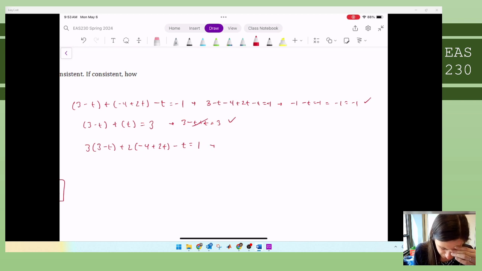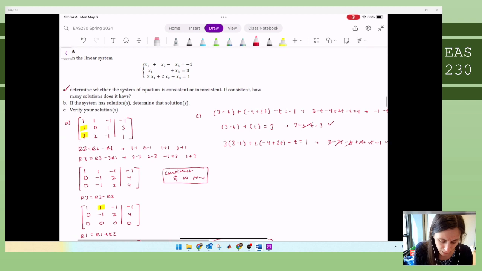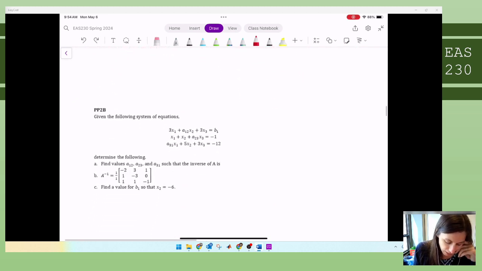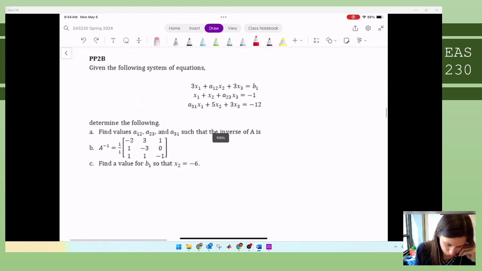And then this one says 9 minus 3t minus 8 plus 4t minus t equals 1. So the t terms cancel. That gives me 1. That one's true as well. Okay, so just verify by plugging it into your system of equations, and you can see whether or not you got the right answer.